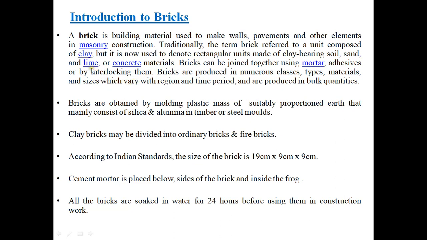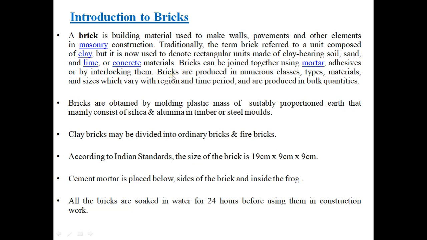So the composition of the brick might be lime, maybe concrete. In the first image we have seen it is joined together by using mortar, or it may be any other adhesive material, or by interlocking. Interlocking is done by using reinforcement. In some cases, if we are not using the mortar joint, we use reinforcement for joining the bricks.